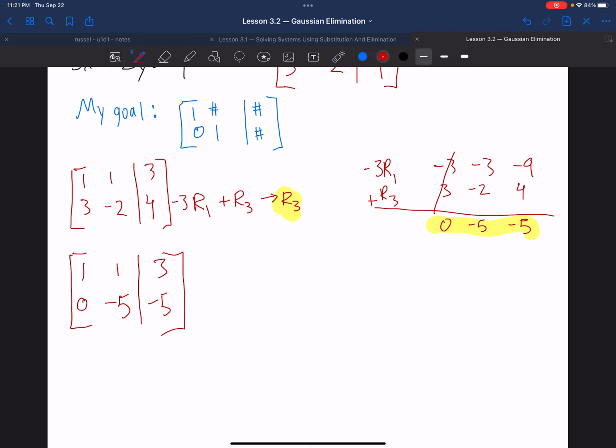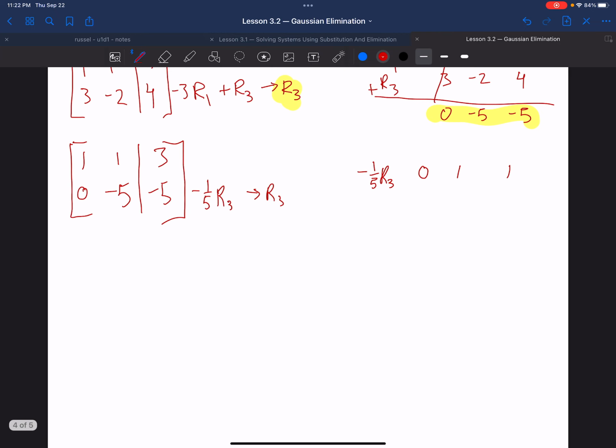So I'm going to take, if I multiply row 3 by -1/5, so I do -1/5 times row 3, and I put that into row 3. -1/5 times row 3 is 0, positive 1, positive 1, and positive 1.